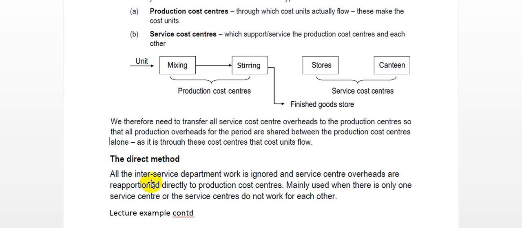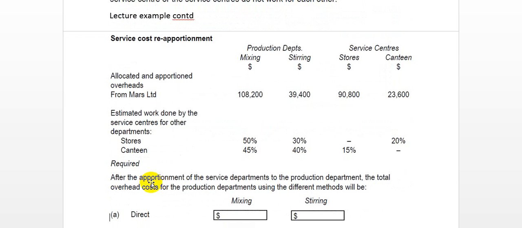So continue with the lecture example, the same lecture example. You are now given more information on what basis to use to reapportion the service cost center overheads to the production centers. The figures you are seeing there on top, the 108,200, those are the overheads we just finished apportioning. Then you are given more information now.